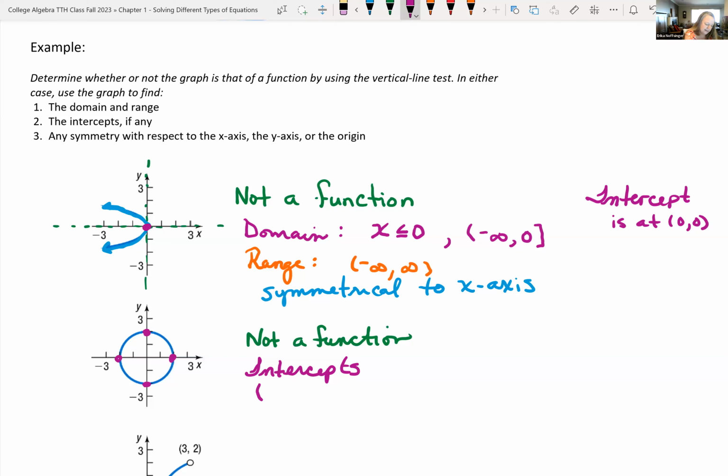When x is -2, y is 0. When x is +2, y is 0. Those are x-intercepts. And our y-intercepts are (0, 2) and (0, -2).